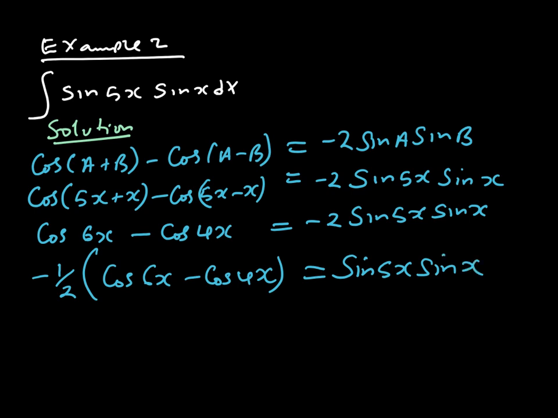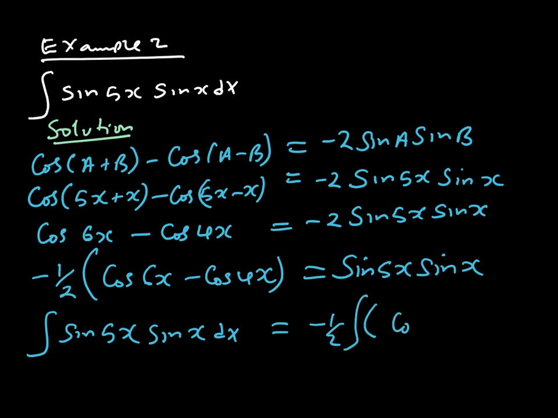So next is to integrate sine 5x sine x dx. It will be the same as integrating negative a half of cosine 6x minus cosine 4x dx.